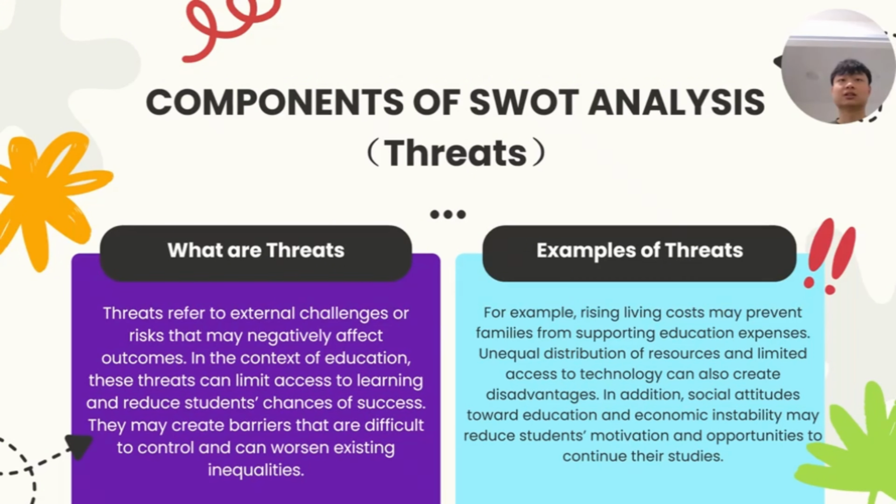In addition, sometimes government support does not reach the right people. This may happen because application processes are too complicated, requirements are too strict, or there is poor management of the funds. As a result, the support becomes less effective. Finally, social factors also play a role.